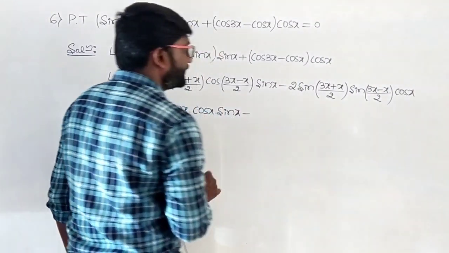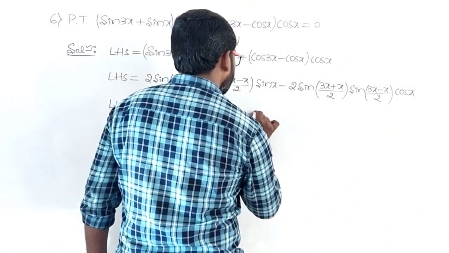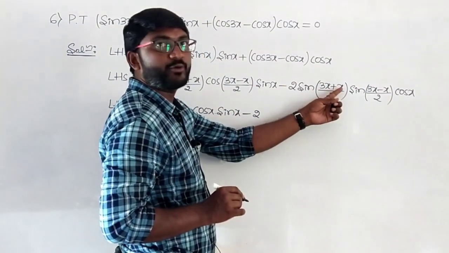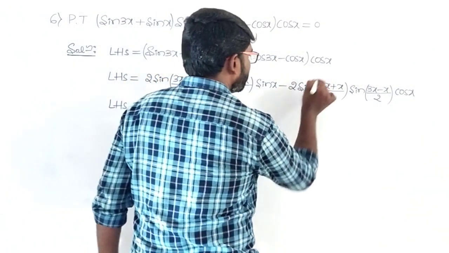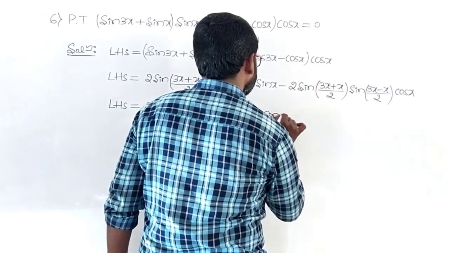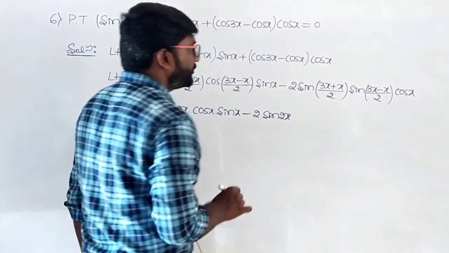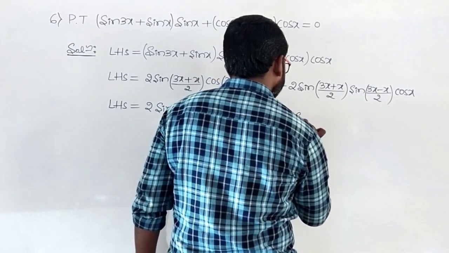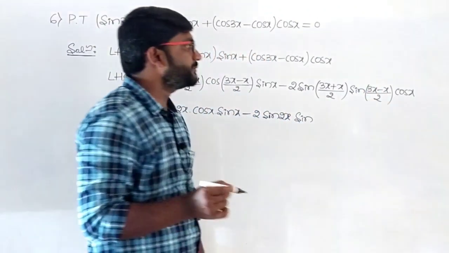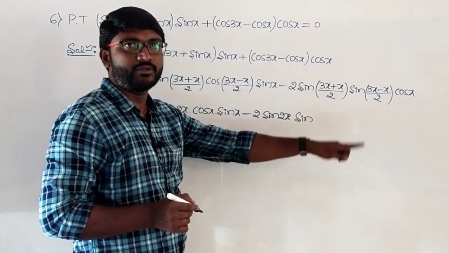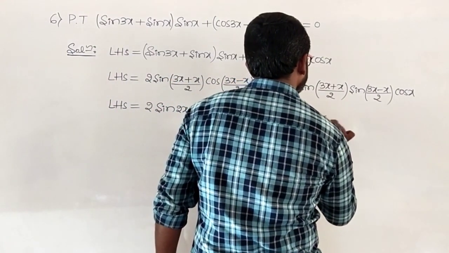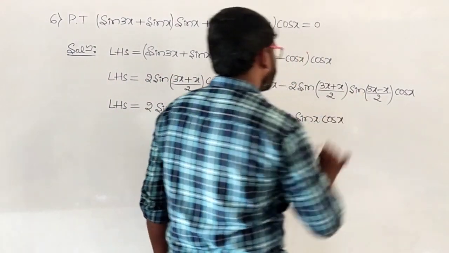Then minus 2 sin, 3x plus x will be 4x, 4x by 2, we get 2 sin 2x, into sin of 3x minus x, which is 2x by 2, that means the 2s cancel, we get x, into sin x into cos x.